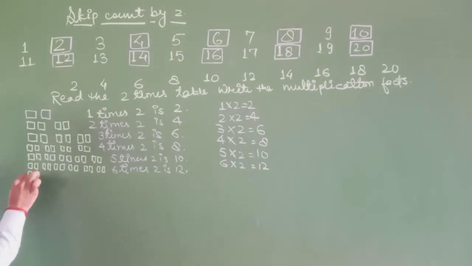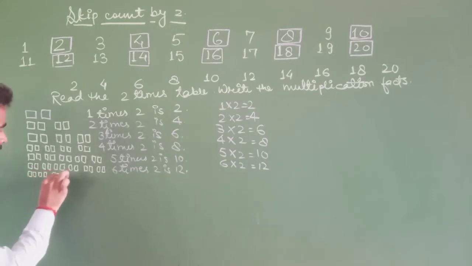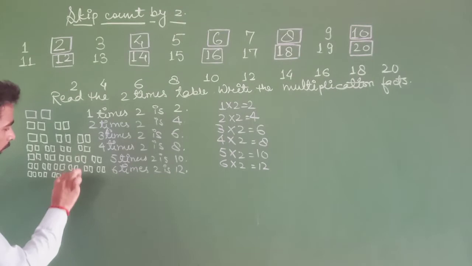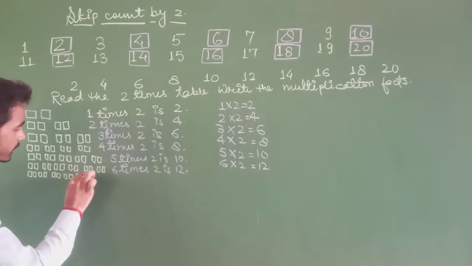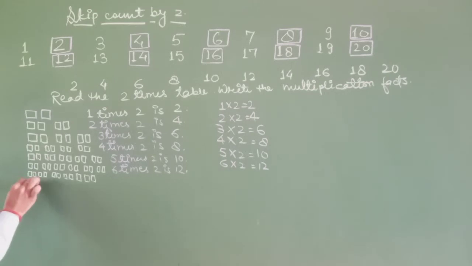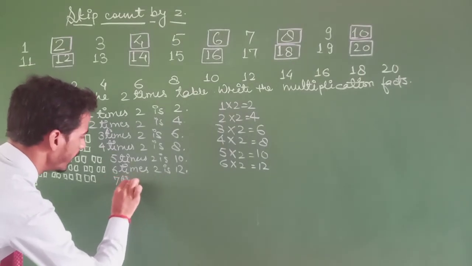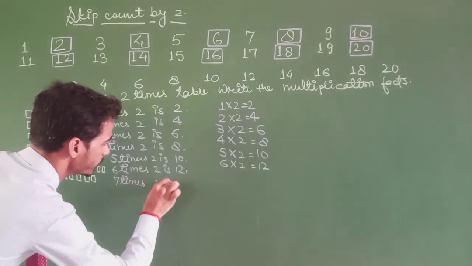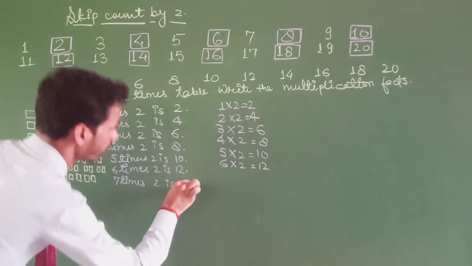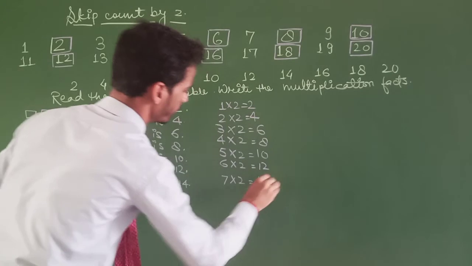7 times 2 is 14, and 7 multiplied by 2 is equal to 14.